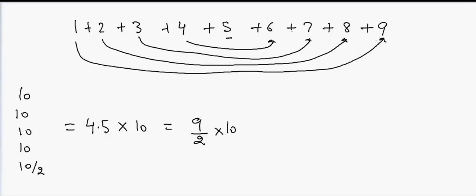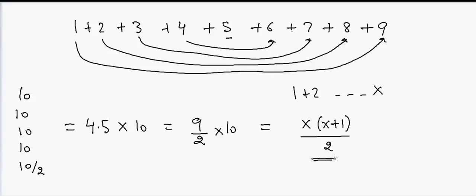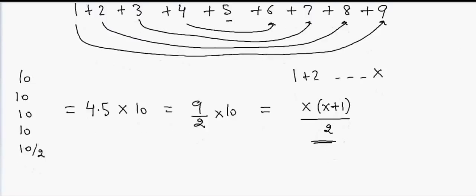So what's the 9 here? 9 here is the last digit, so we can write it as follows. Suppose I have to add 1 plus 2 until x, we can write this as x into x plus 1 divided by 2. So we can use this formula for any kind of sequence.